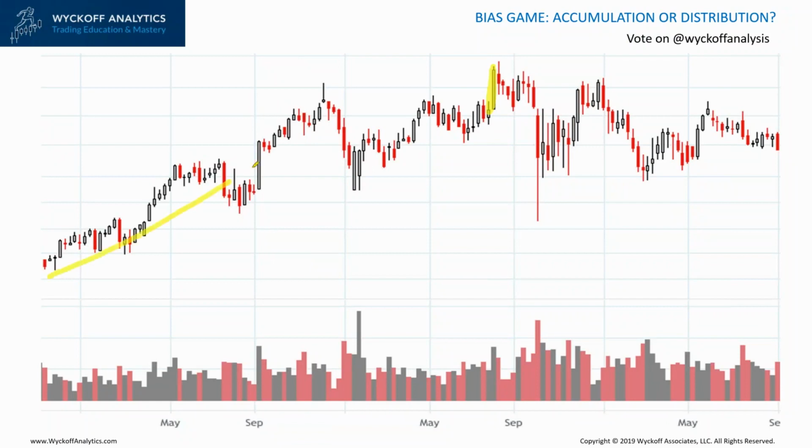Look at the texture of the uptrend. Look at the texture of the next rally. Somewhat similar, slight differences. If your eye could catch that, there is a little bit more volatility in the way the price moves, but yet it doesn't progress a lot to the upside, suggesting some kind of resistance.